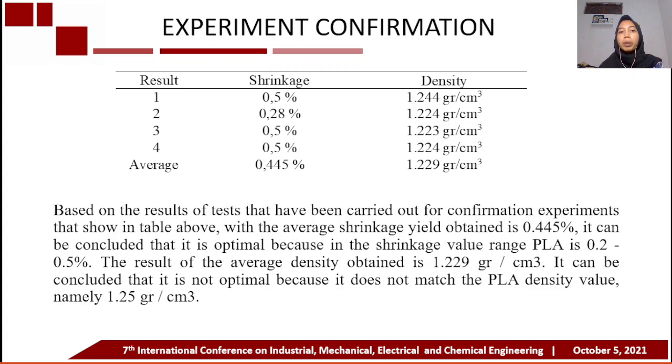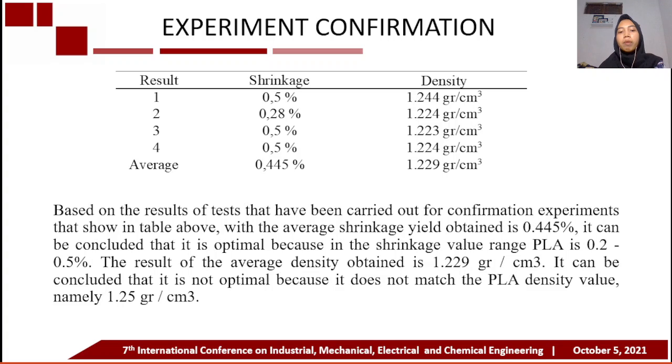Okay, the next topic is experiment confirmation. Based on the results of the tests that have been carried out for the confirmation experiment shown in the table above, the average shrinkage obtained is 0.445%. It can be concluded that it is optimal because the shrinkage value range for PLA is 0.2 to 0.5%.